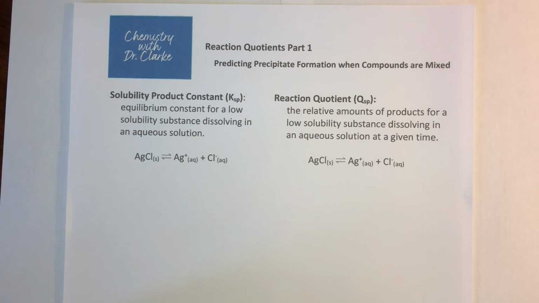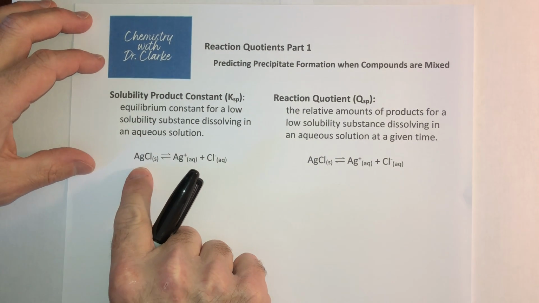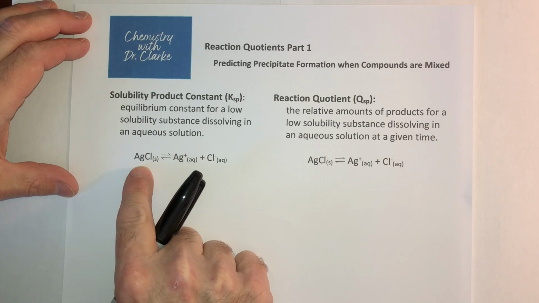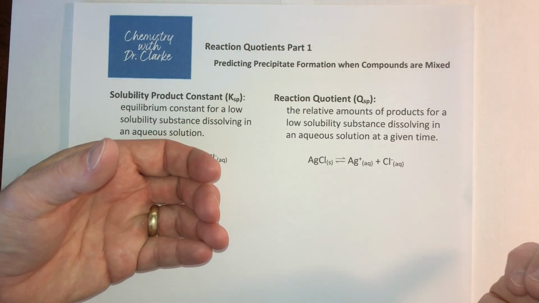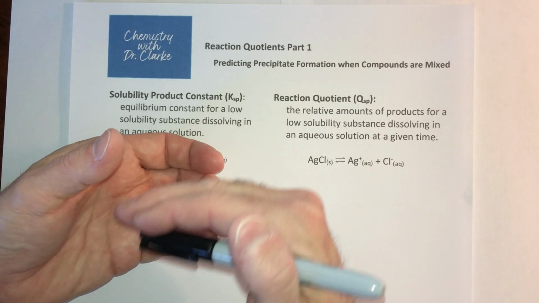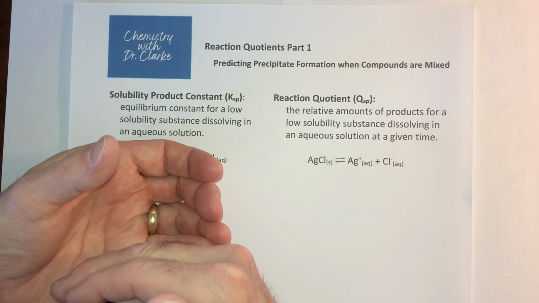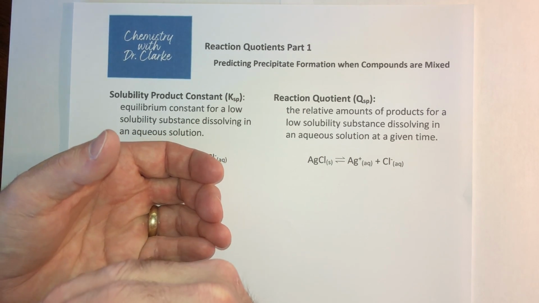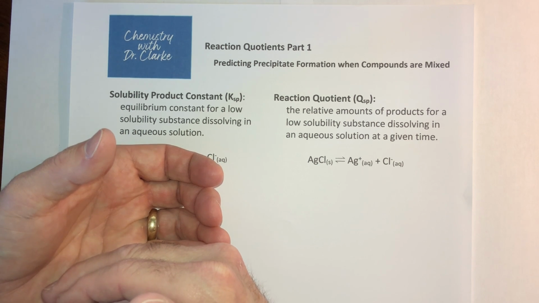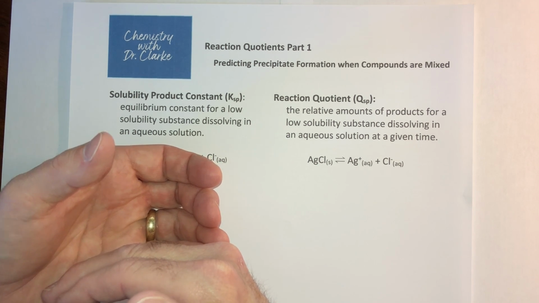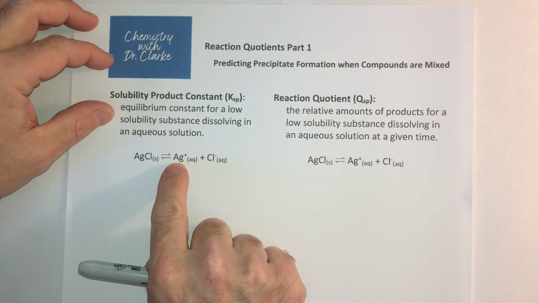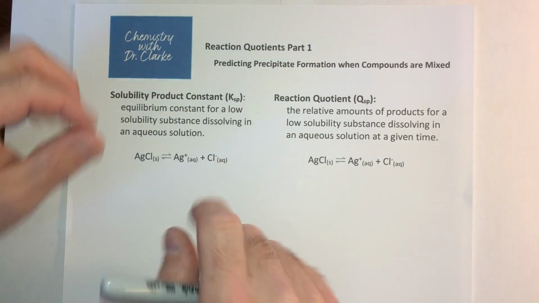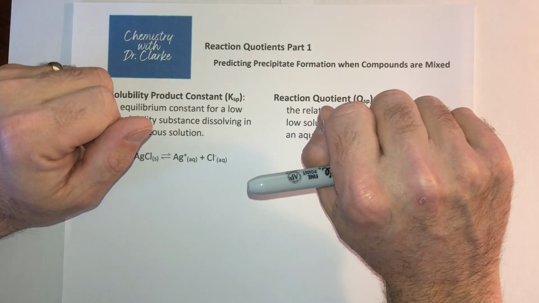So if I have a substance that really doesn't like to dissolve in water, okay, silver chloride is a perfect example. If you take some silver chloride and you put it into some water, the majority of it will sink to the bottom of the container and sit there as a solid. Okay, this stuff does not like water. But a very small amount of it will dissociate, will break up to form silver plus ions and chloride minus ions, which actually do get dissolved in the water.